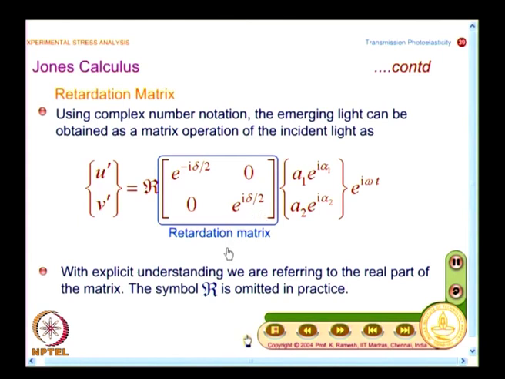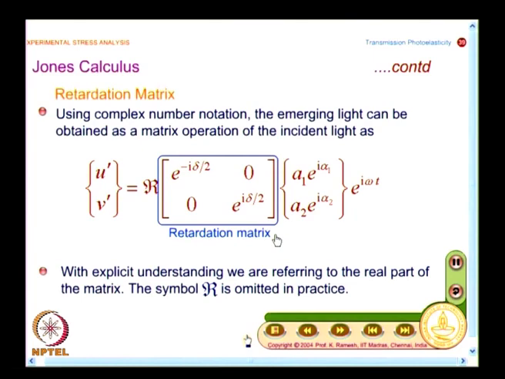In all our mathematical development, we will not write that explicitly, for convenience. We understand that we deal only with the real part, and we will simply have the retardation matrix written as such.